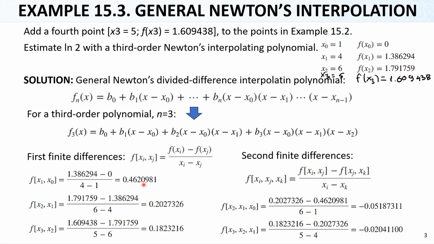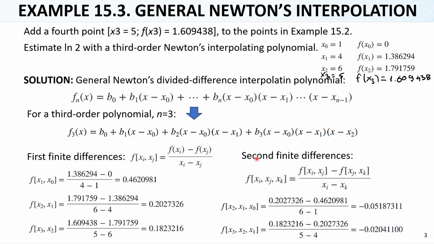So this one here is between 6 and 1 actually, because it is x2 minus x0, and it gives us this value, as well as we will use the last two. These will be our first order finite divided differences, and this one minus this one divided by 5 minus 4, because x3 minus x1, 5 minus 4, and this is the result.